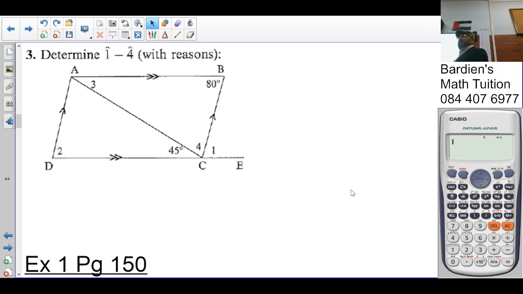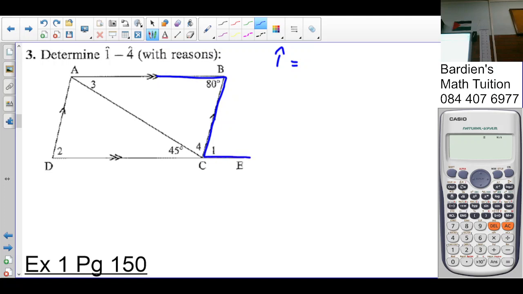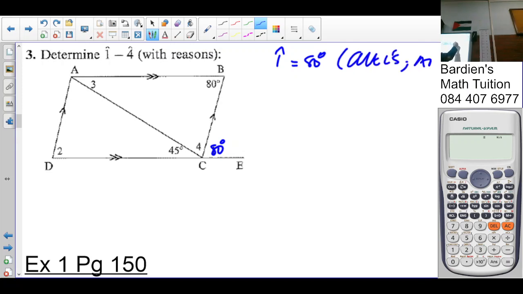Angle 1 is alternate. So you can see an alternate angle. Okay, angle 1 is 80 degrees. So alternate angles with AB being parallel to DE or CD, whatever.